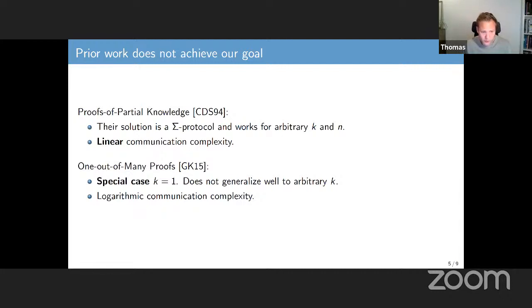In 2015, Groth and Kohlweiss introduced one-out-of-many proofs. They do have a logarithmic communication complexity, but this approach is tailored to the specific case k equals 1. So this approach does not generalize well to arbitrary k.